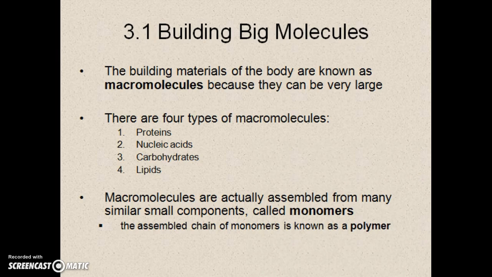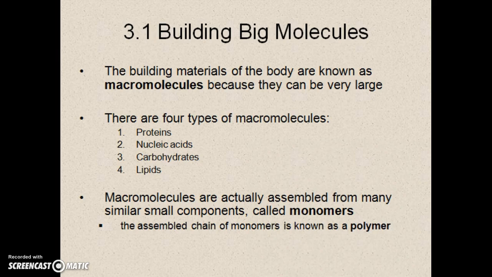There's also nucleic acids, things like DNA and RNA. And carbohydrates, very common ones that we probably eat a lot of, is our glucose and sucrose and fructose and lactose. And then the 4th type of macromolecule is kind of a macromolecule, and we're going to count it here, lipids, so things like fats and oils.